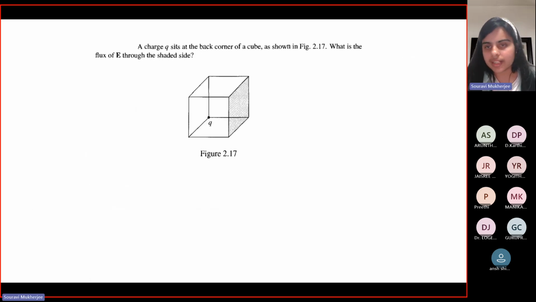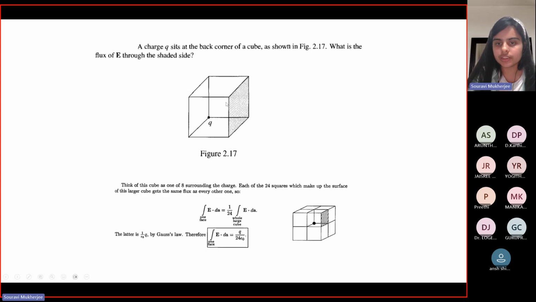Now, this is a very standard question, and I think many of you have already seen this question. So here it says that if you have some charge at one corner of the cube, what is the flux through this shaded side? Right? And how you do it is, obviously we will use Gauss's law. So what you do, you first try to enclose this charge because it's on one of the corners.